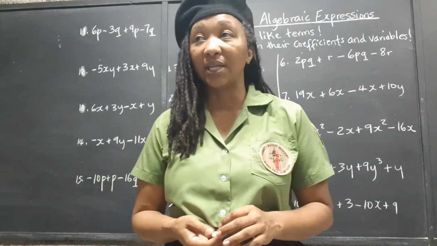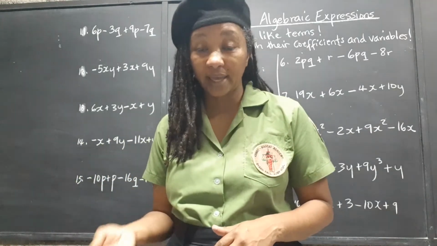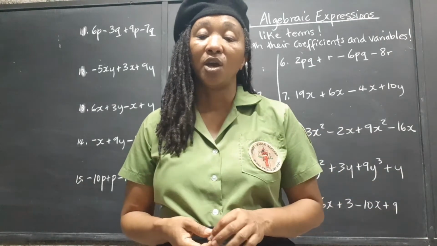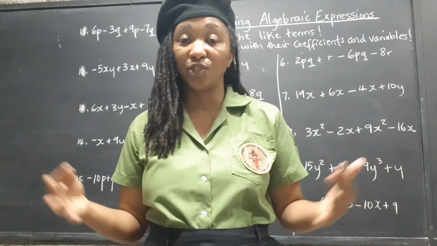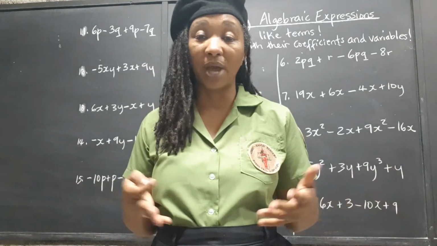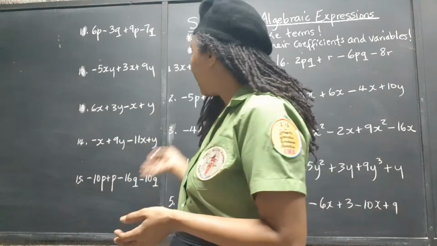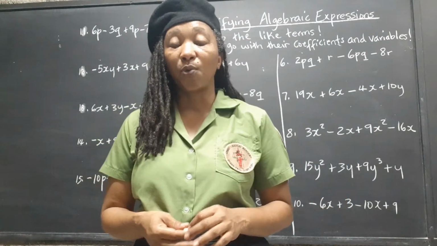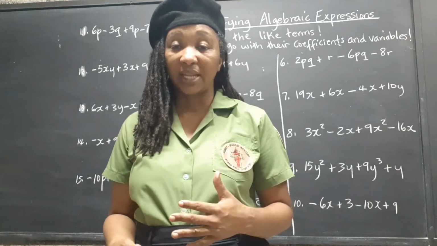Likewise, you could not add an xy to an xp, for example. Right? Those are unlike, and there's nothing you can do really to simplify those, so you just have to write them back as is. Now, these are expressions, they are not equations, so it's not that we're solving anything.